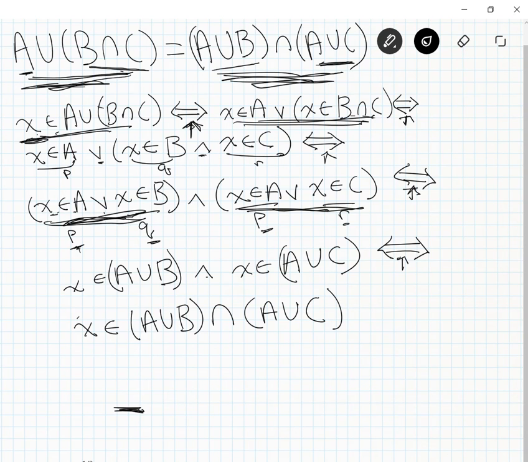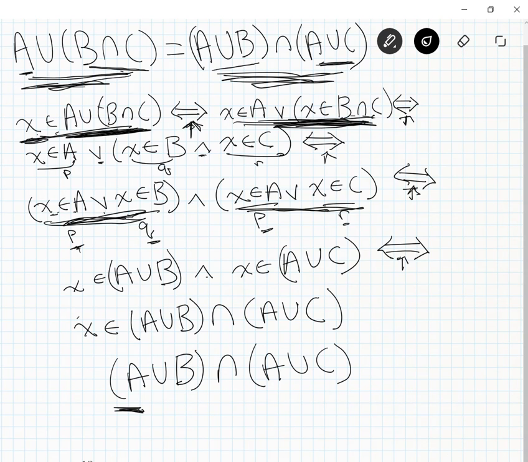And then the reverse is true. Any element of this set is in this set. And then we keep doing that all the way to the end. So the union of A and B intersected with the union of A and C is equivalent to A union B intersection C.